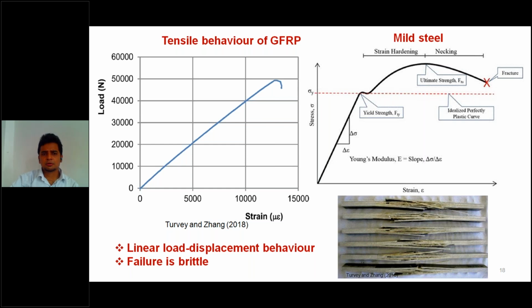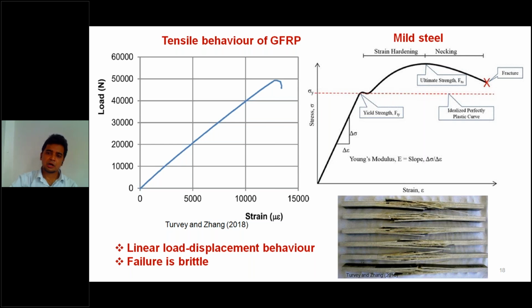Now I'm coming to the tensile behavior of FRP. I'm considering this GFRP. GFRP is a brittle material having no ductility, and it always gives a linear elastic stress strain behavior with low displacement.